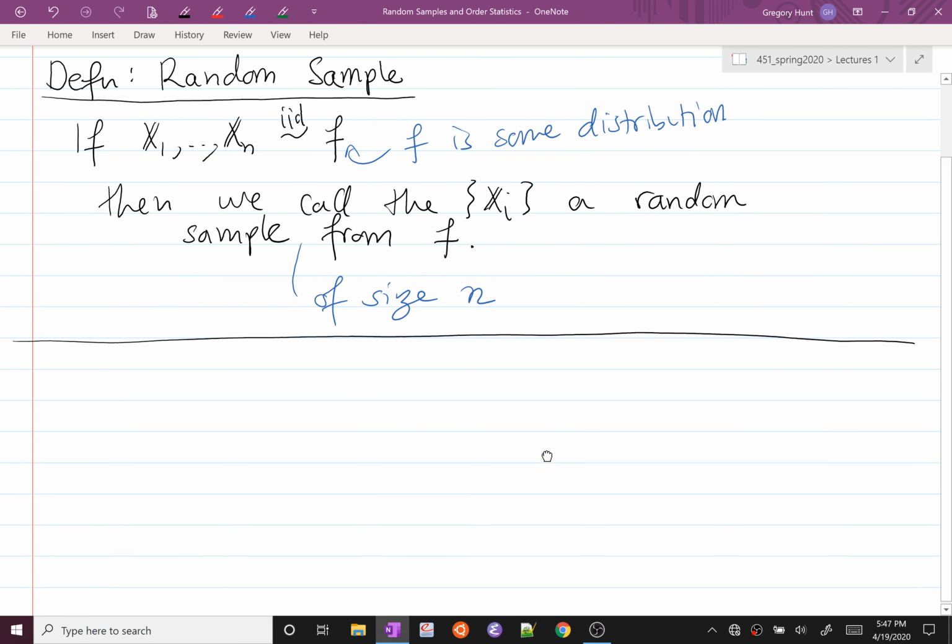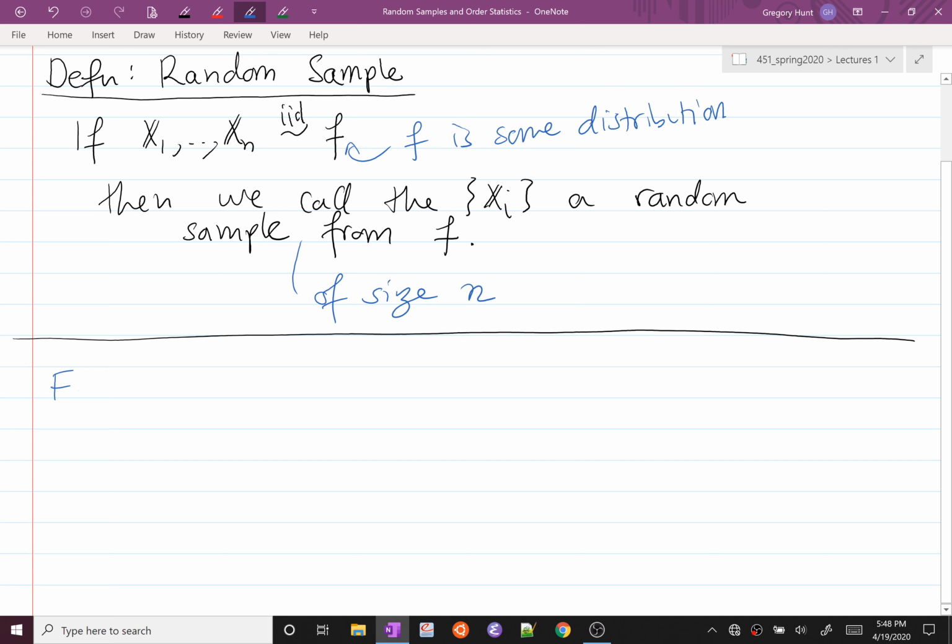So why this is important is a fact we saw last time, but we're going to highlight again. If my X sub i are a random sample, then we can look at the joint distribution of these X sub i.